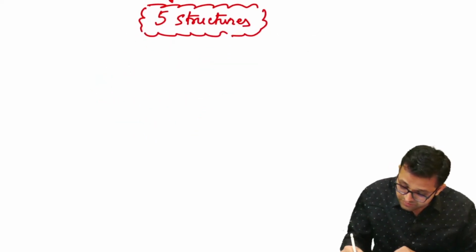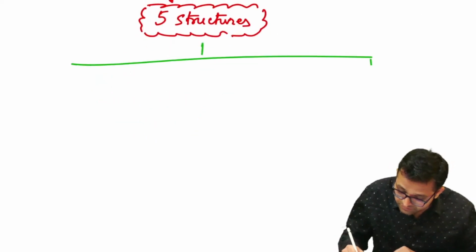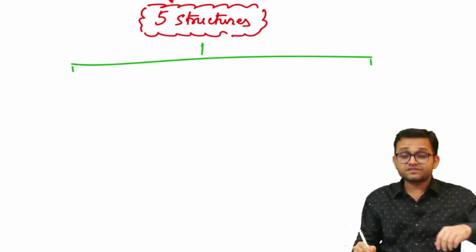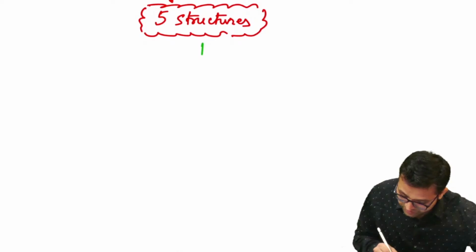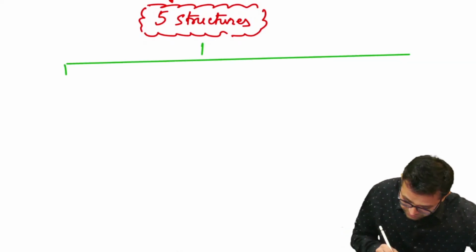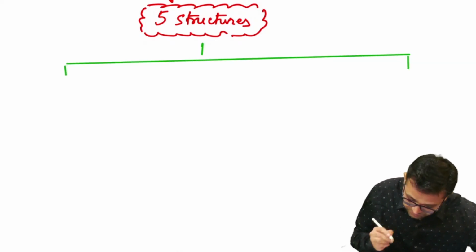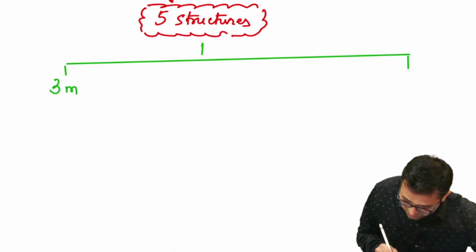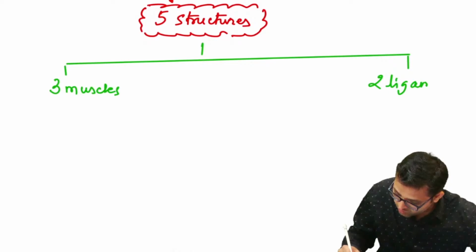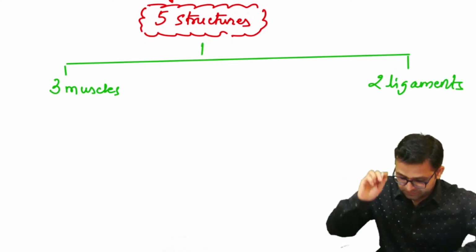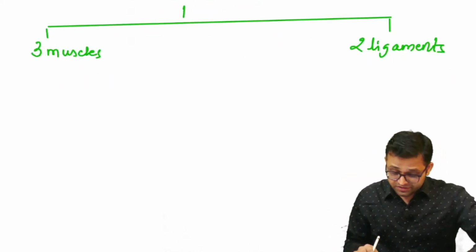Remember, there are 3 muscles and 2 ligaments. Agree? So what are the 3 different muscles?